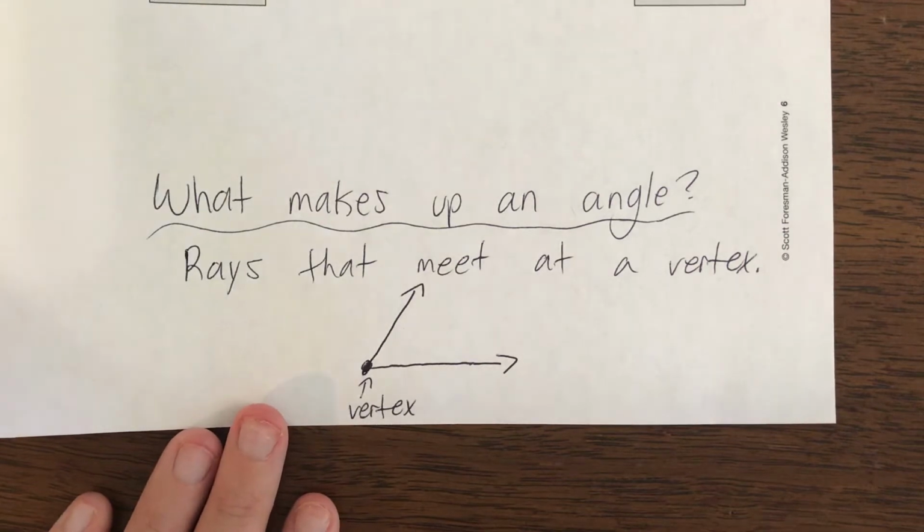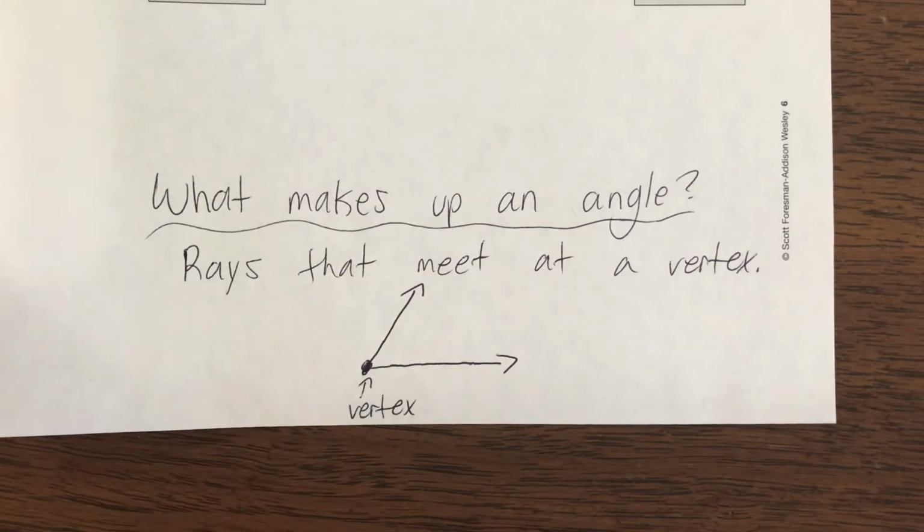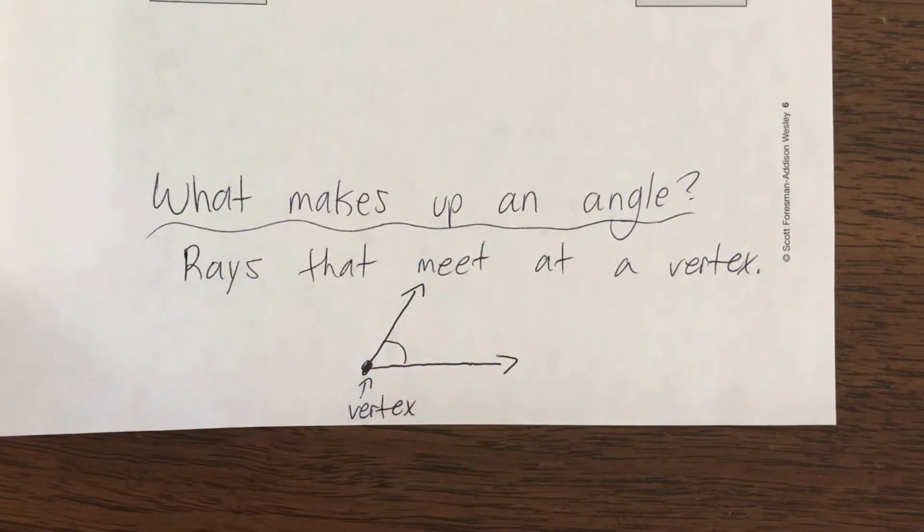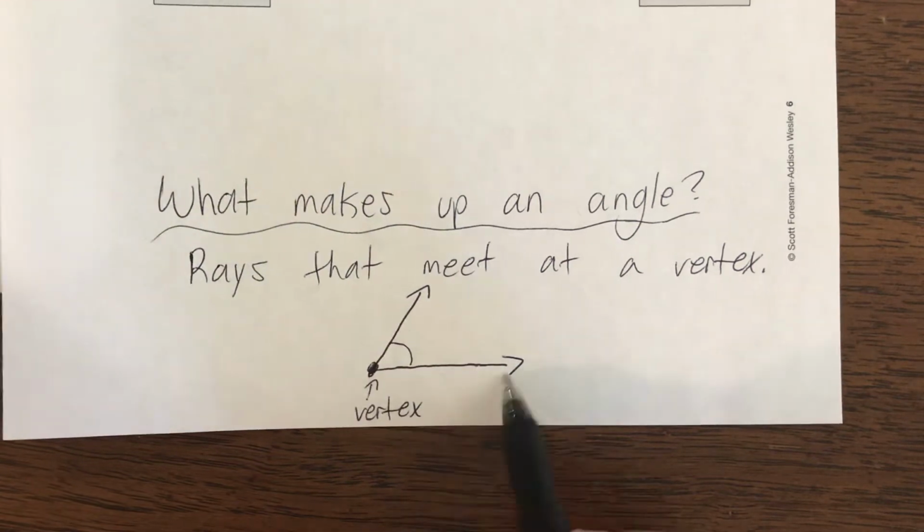This angle happens to be acute because it is smaller than 90 degrees. Again, a lot of times you're going to see angles that have that semicircle in the middle of them. They don't have to be there. The angles that we look at today are not going to have that. They're just going to be two rays meeting at a vertex.